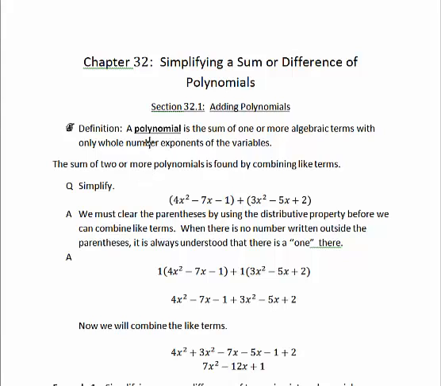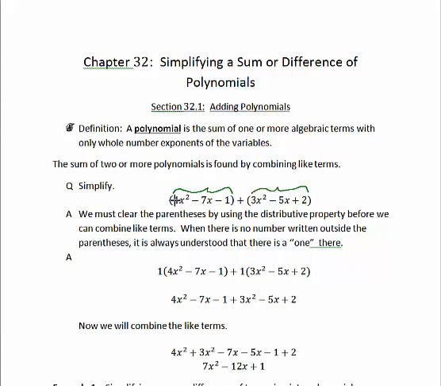So we start out with a definition. A polynomial is the sum of one or more algebraic terms with only whole number exponents of the variables. Our first question has two sets of parentheses, and we have the sum of the two.